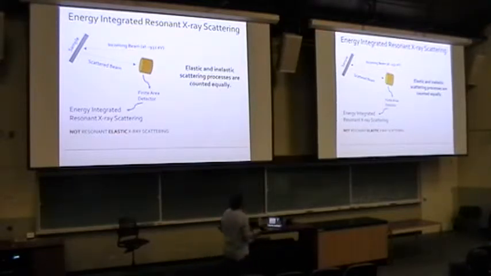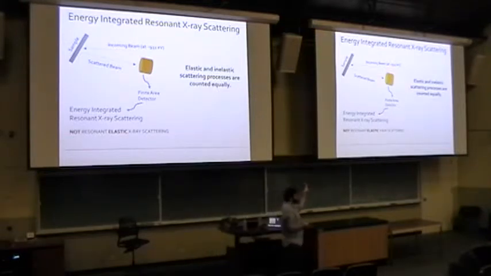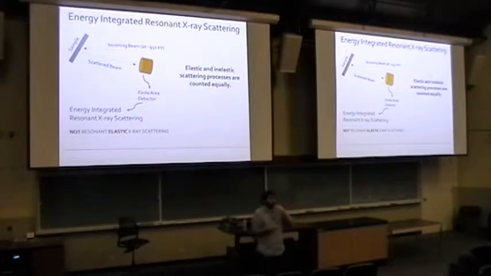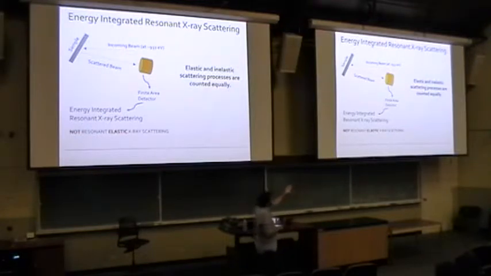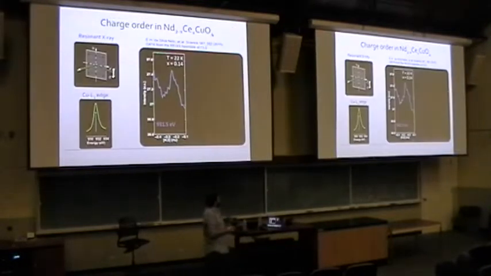So I try to call this energy integrated resonant X-ray scattering because in the literature you will often find it called resonant elastic X-ray scattering, which is not true. If you want to do resonant elastic X-ray scattering, you have to do resonant inelastic X-ray scattering and measure the elastic line. So elastic and inelastic scattering processes are counted equally here.